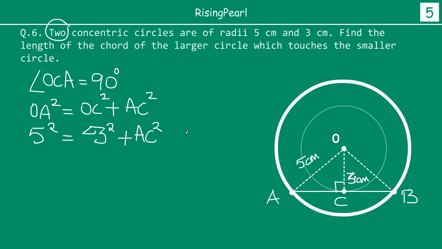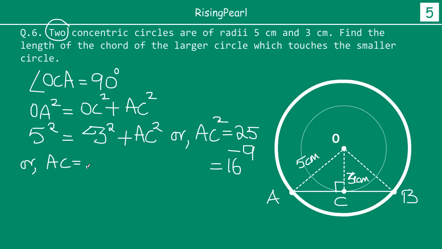From here we say that AC square will be equal to 25, 5 square is 25, minus 3 square, which is 9, so 16. So AC is the square root of 16, which is 4 centimeter. So this length AC is 4 centimeter.